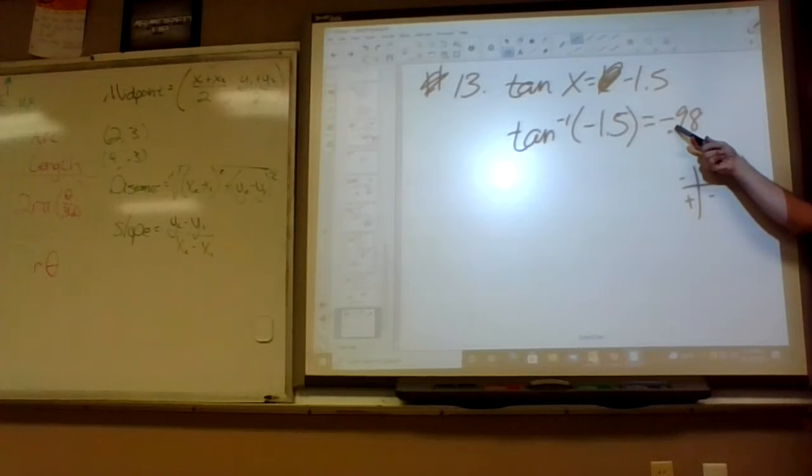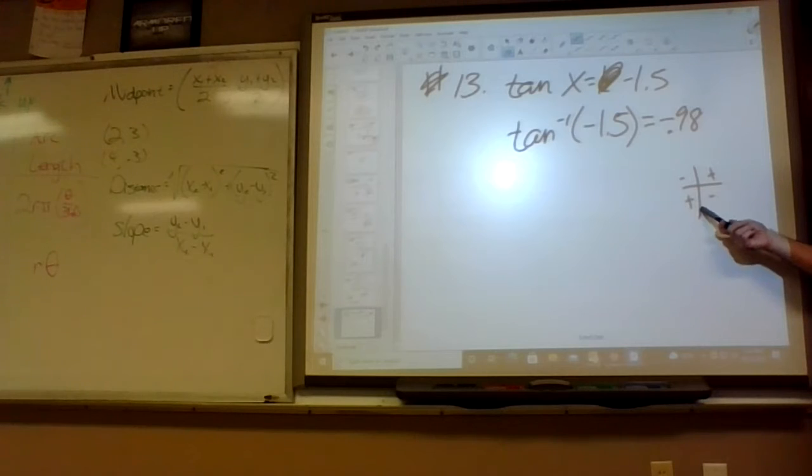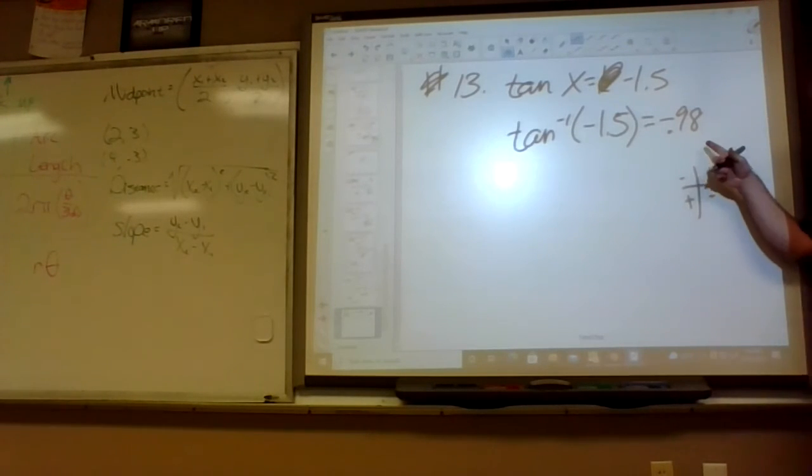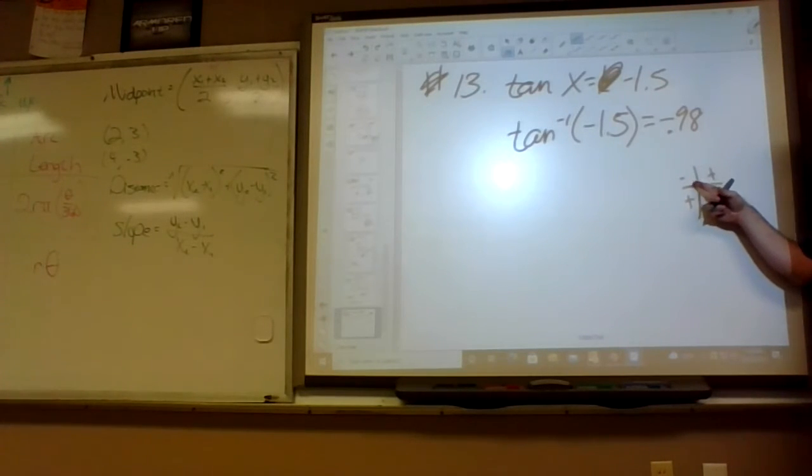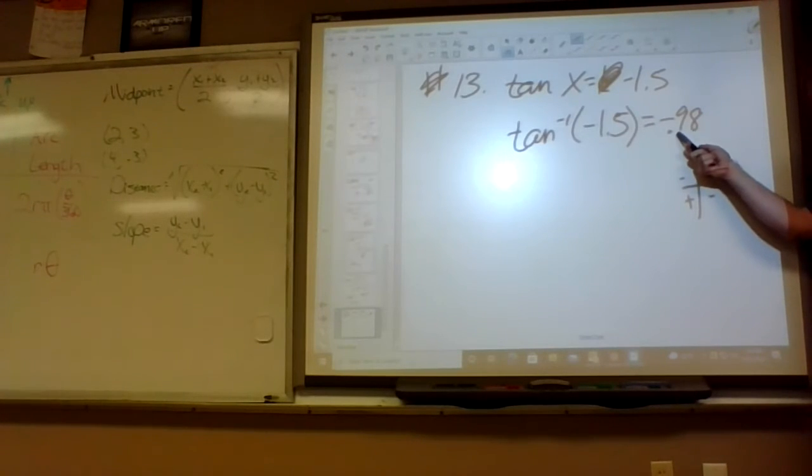By the way, when you do tangent inverse, they're either going to give you a first quadrant angle, 0 to pi over 2, or 0 to negative pi over 2. They're going to give you one of these two things. So I need a second quadrant and a fourth quadrant angle. This is a fourth quadrant angle, negative 0.98.